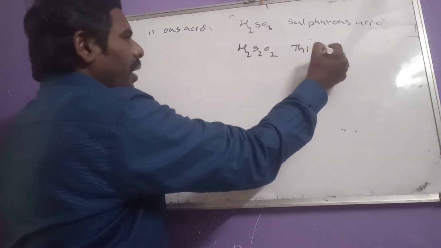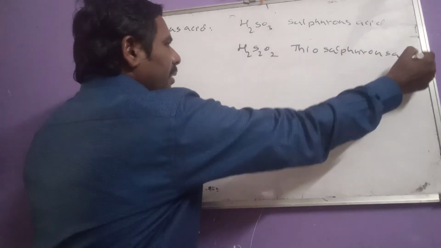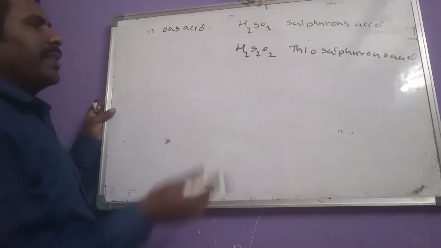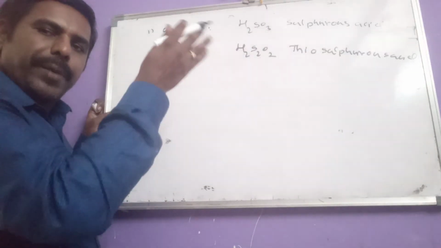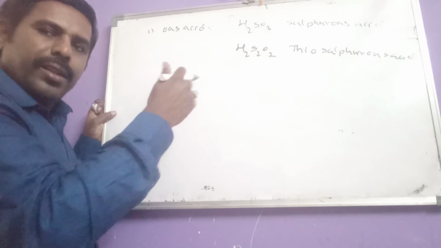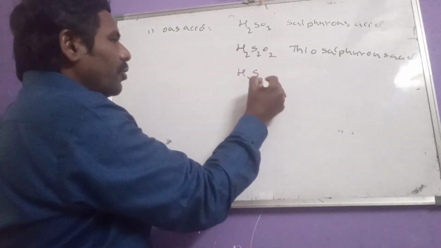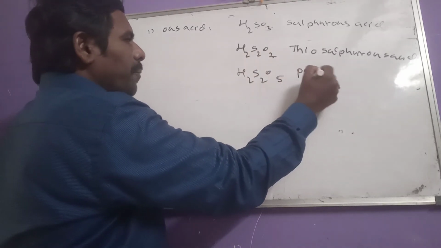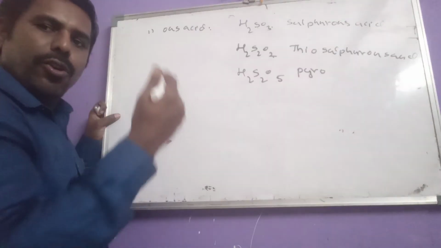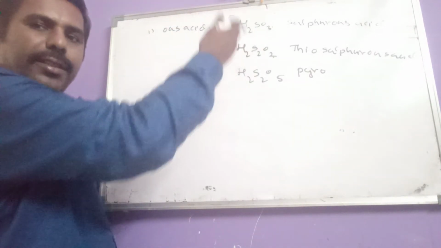This is known as thiosulfurous acid. Then third one is, just add the above two. Above two means in Telugu language 'pai'. So upper 'pai'. So like that what we get here, H2S2O5, 3 plus 2 means 5, known as pyro. Pyro means 'pai' means in Telugu upper. So that upper acids are added.